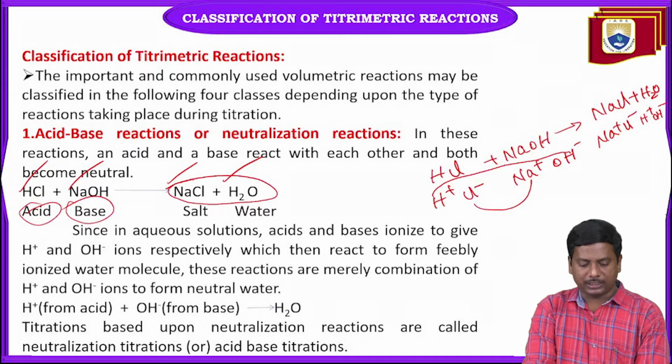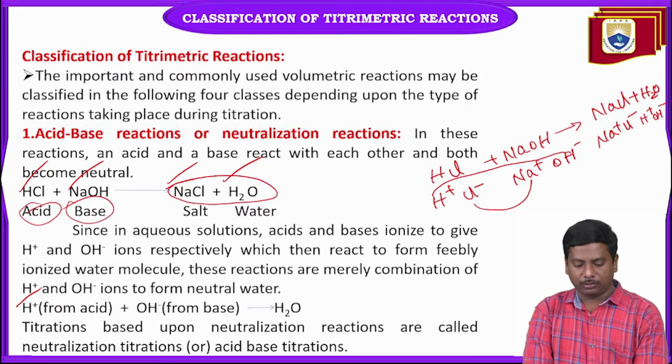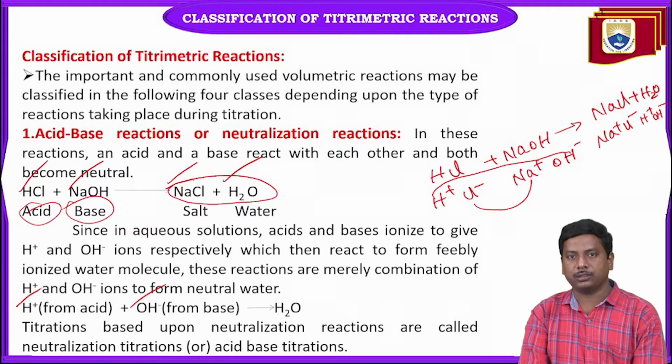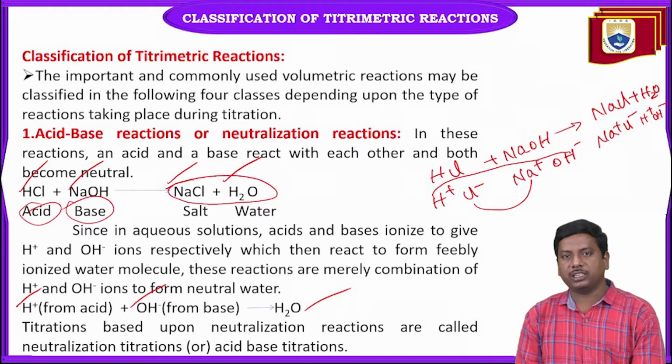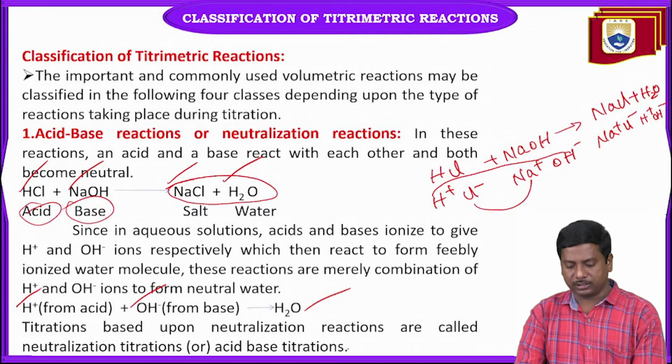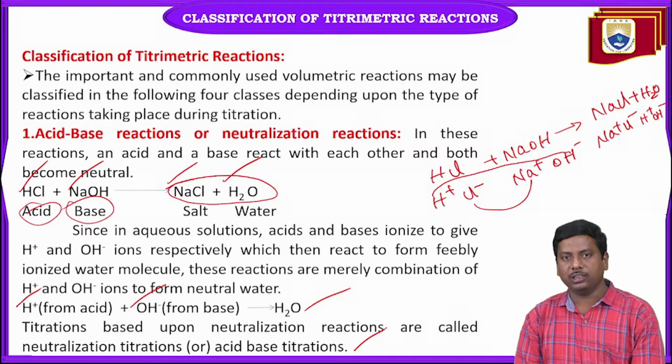So the H+ ion coming from the acid and the OH- ion coming from the base give a water molecule. And the titrations based upon these reactions are called neutralization reactions or acid-base reactions.